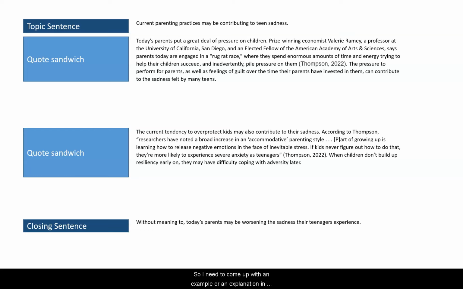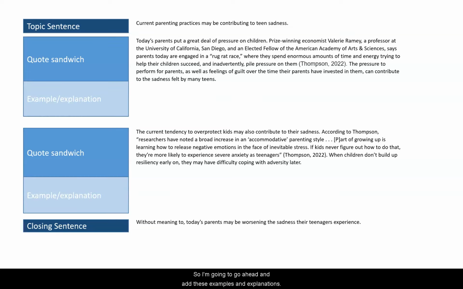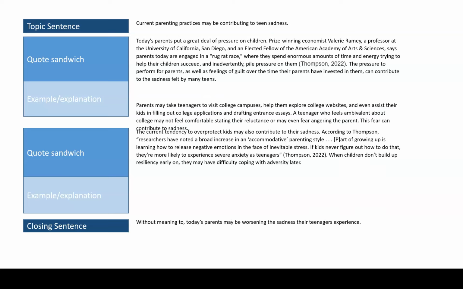So I need to come up with an example or an explanation in order to make my ideas clear to my reader. So I'm going to go ahead and add these examples and explanations. And because there is a structure and a rhythm to academic writing, I just need to add one example to support this quote sandwich, and I just need one to support the second quote sandwich.